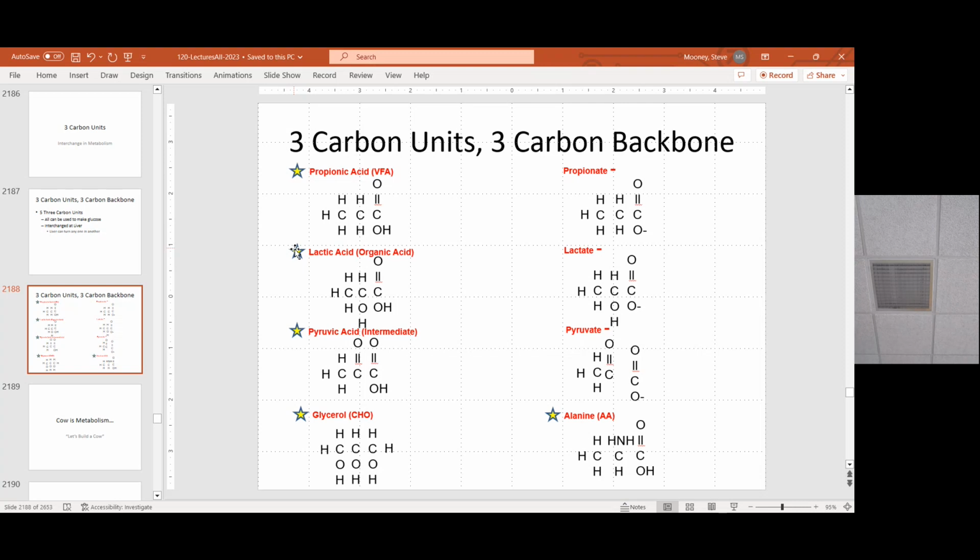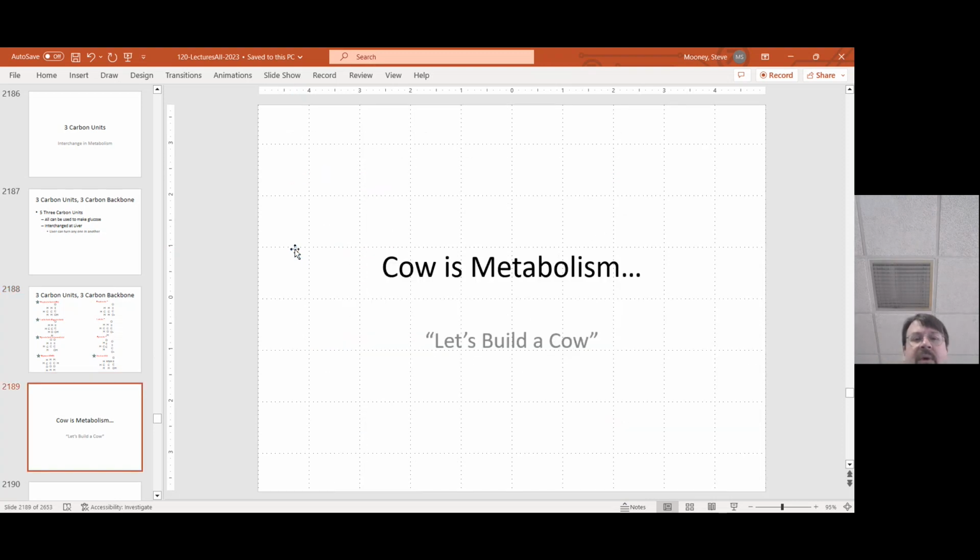Propionic acid versus propionate, with and without the hydrogen. So those five, 3 carbon units all have that 3 carbon backbone. They can be used to make glucose, which we'll talk about here in a minute.